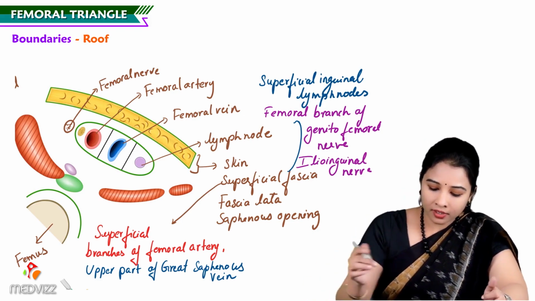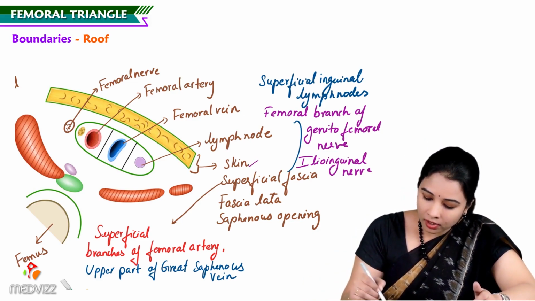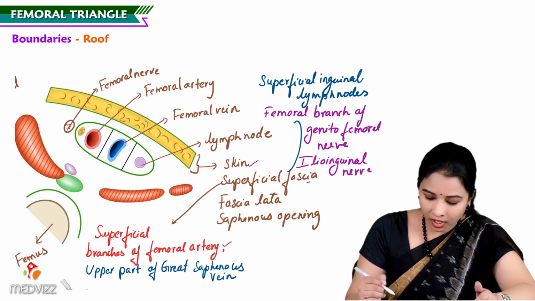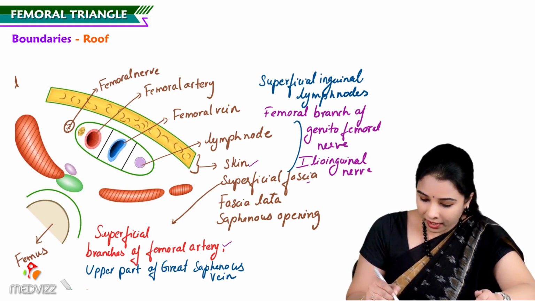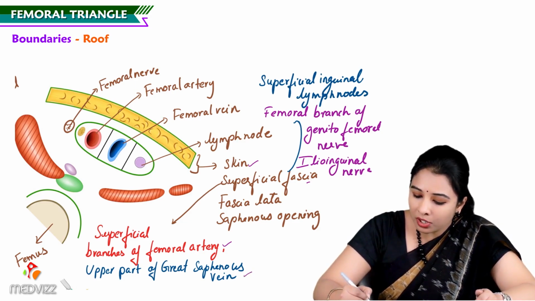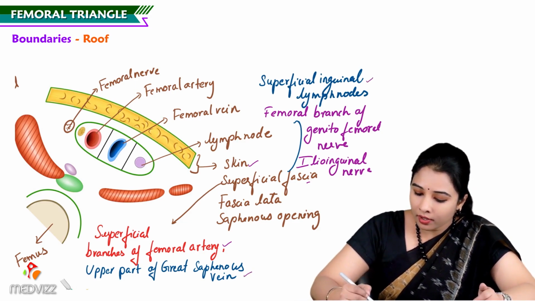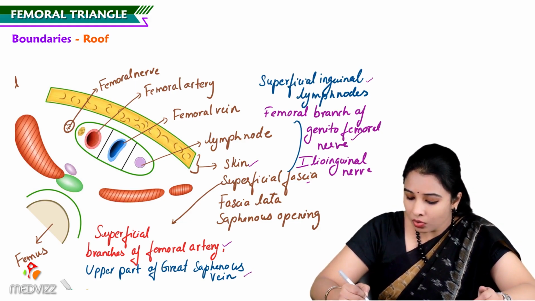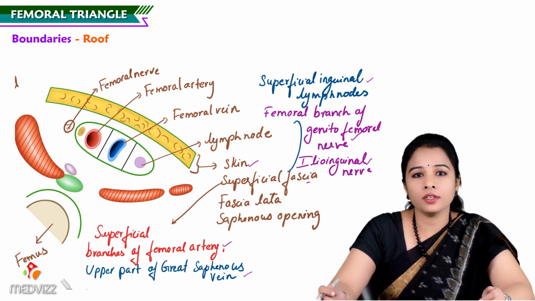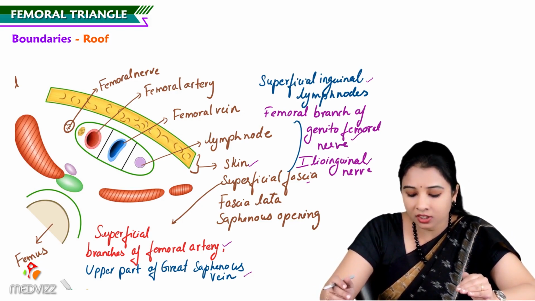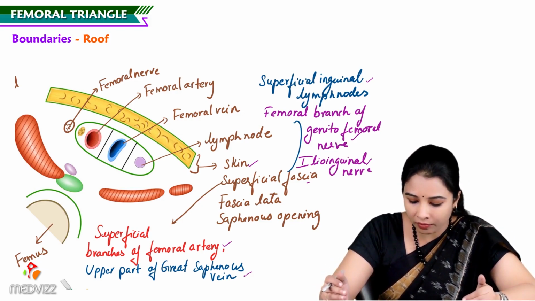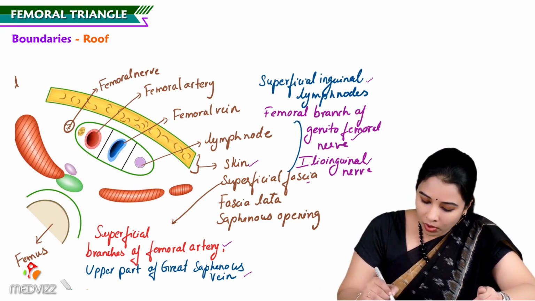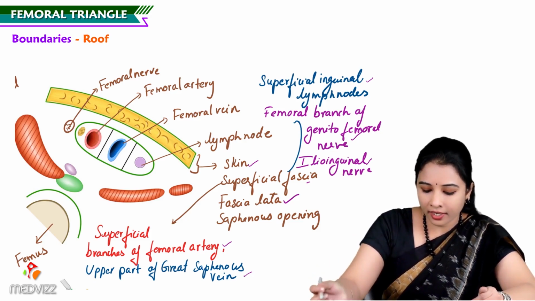I'll just repeat again. It is formed by the skin, superficial fascia containing the superficial branches of femoral artery, upper part of the great saphenous vein, superficial inguinal lymph nodes, then the femoral branch of genitofemoral nerve and branches of ilioinguinal nerve. So these are the structures present within the superficial fascia. Then deep to the superficial fascia, the deep fascia modifies as fascia lata.